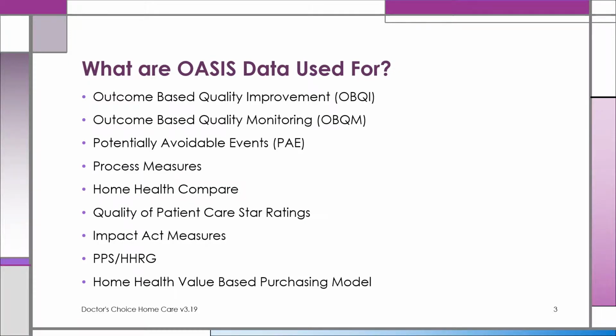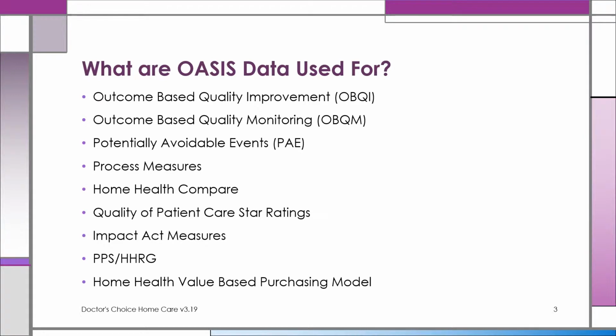So what is the OASIS used for? Many different measures, from outcome-based quality measures called OBQI to outcome-based quality monitoring, OBQM, monitoring potentially avoidable events, process measures, Home Health Compare, the star ratings, IMPACT Act measures, from PPS to HHRG calculation to the new Home Health Grouping Model, and home health value-based purchasing.